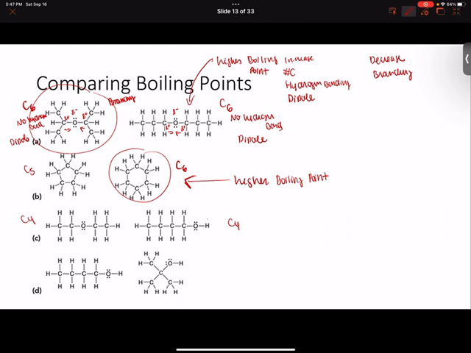Then we have this one down here, so there is hydrogen bonding for this one, and comparing to the other molecule, no hydrogen bonding.